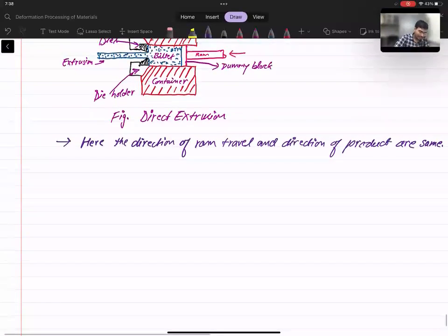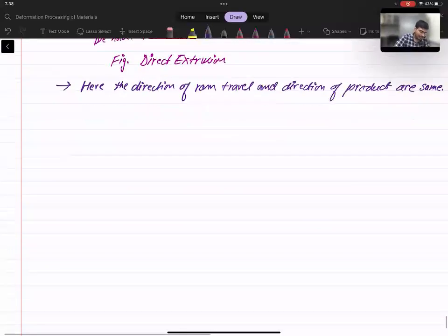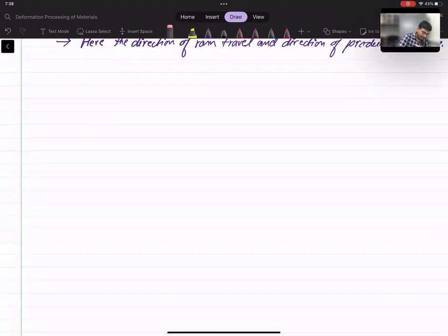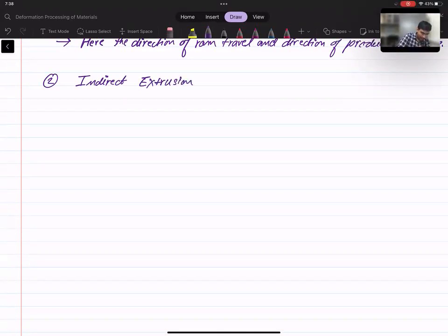Now let us see the indirect extrusion process. Okay. So next thing is indirect extrusion. In this case, what happens is the direction of ram travel and the direction of extruded product or extrusion is the same.